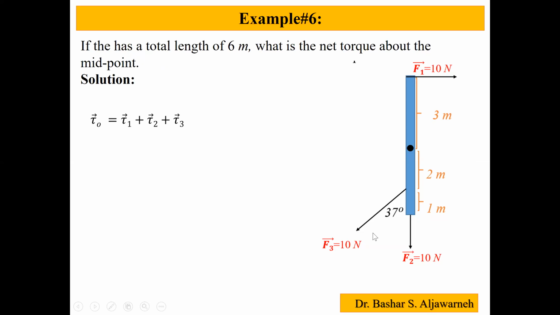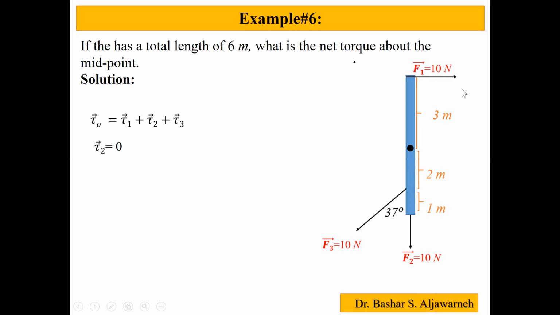But torque due to F2 is 0. Why? Because the lever arm distance is along the y-axis, and F2 is along the y-axis too. So the angle between the lever arm here and F2 equals 0, and sine 0 equals 0. So torque due to F2 cancels out. What is left is due to F1 and F3.